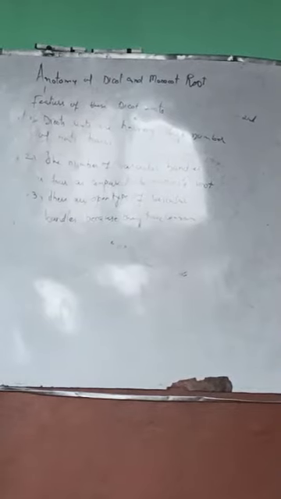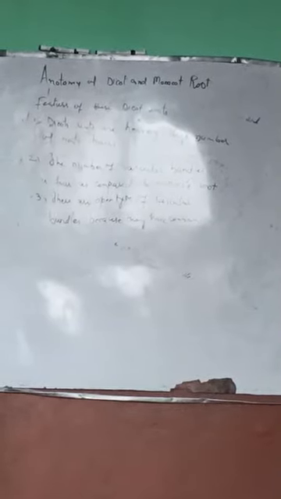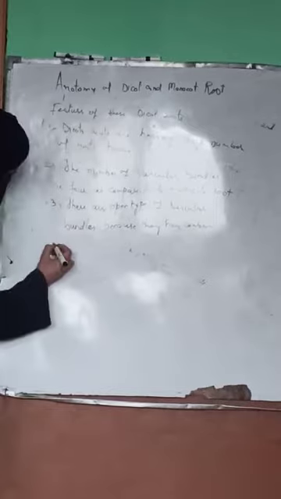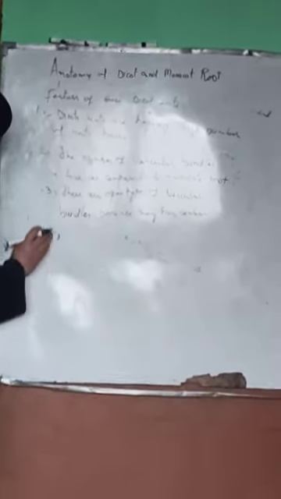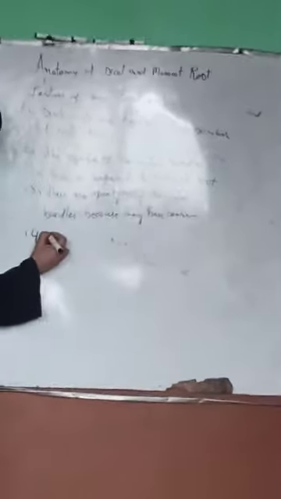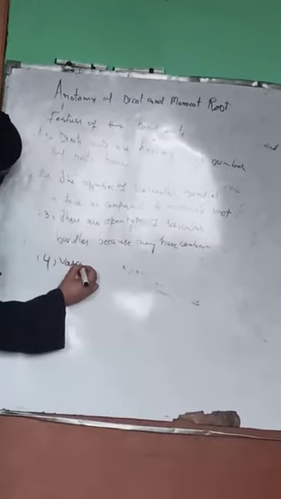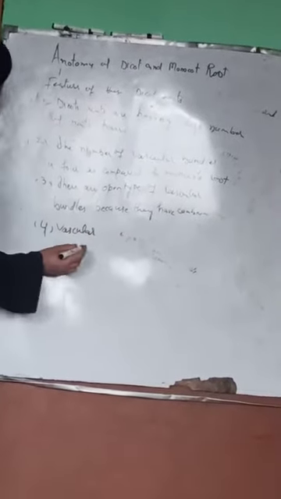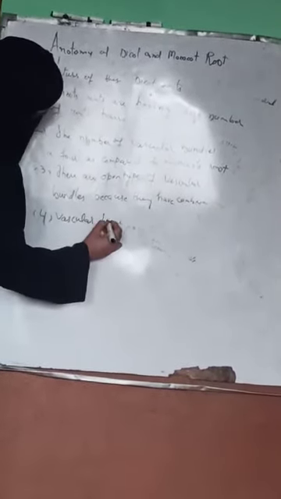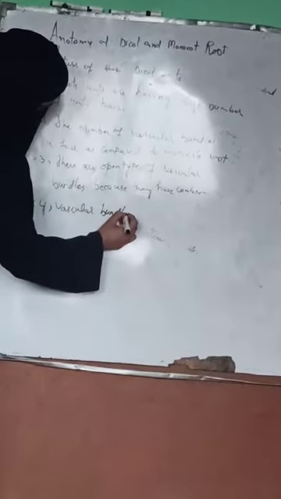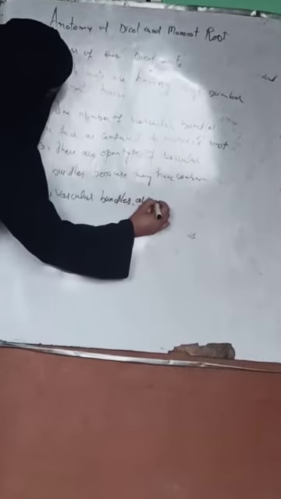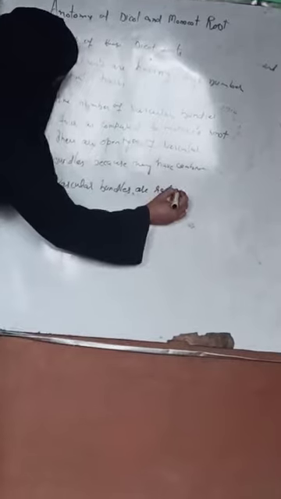The fourth one is that the arrangement of vascular bundles is radial. Vascular bundles are radially arranged.